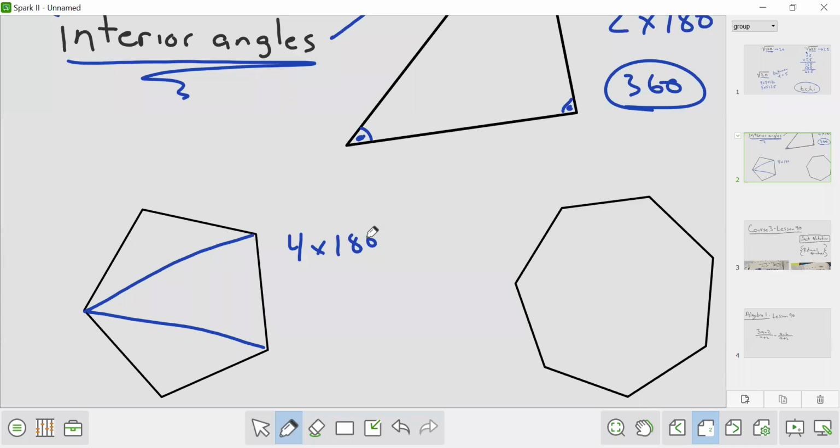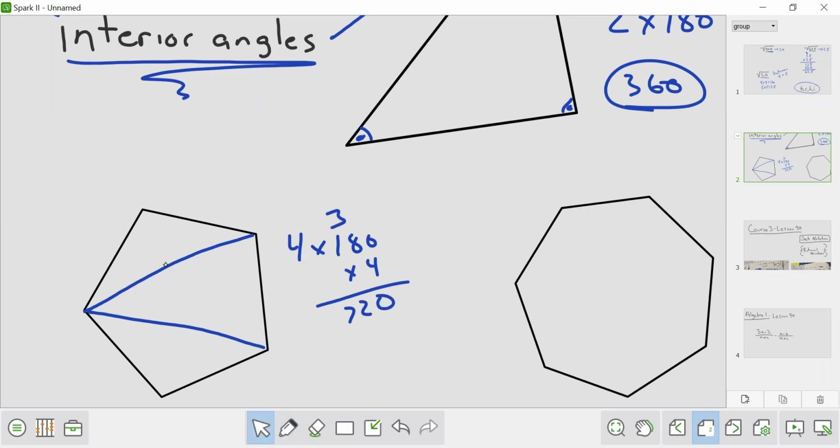So 180 times 4 gives me 720. And 720 degrees is what's inside this pentagon.